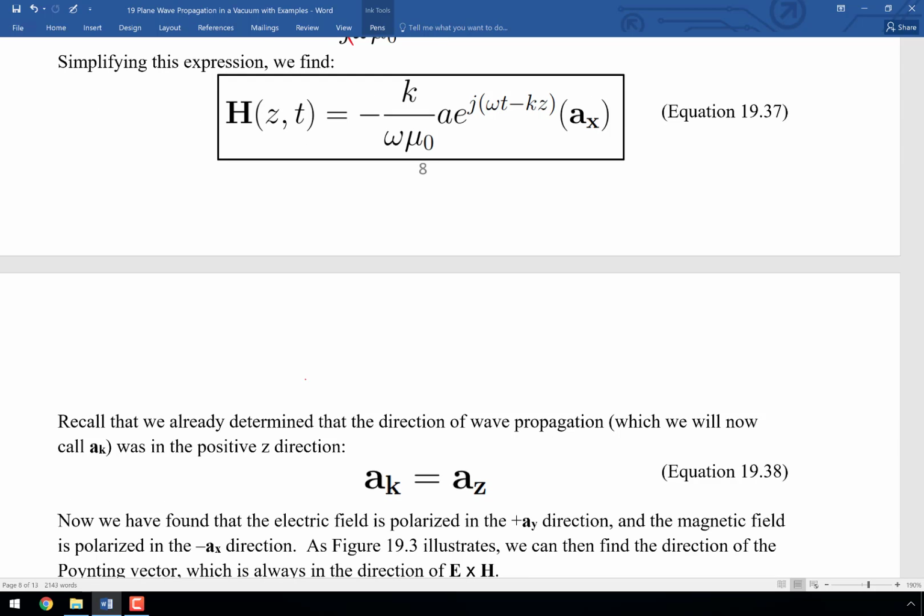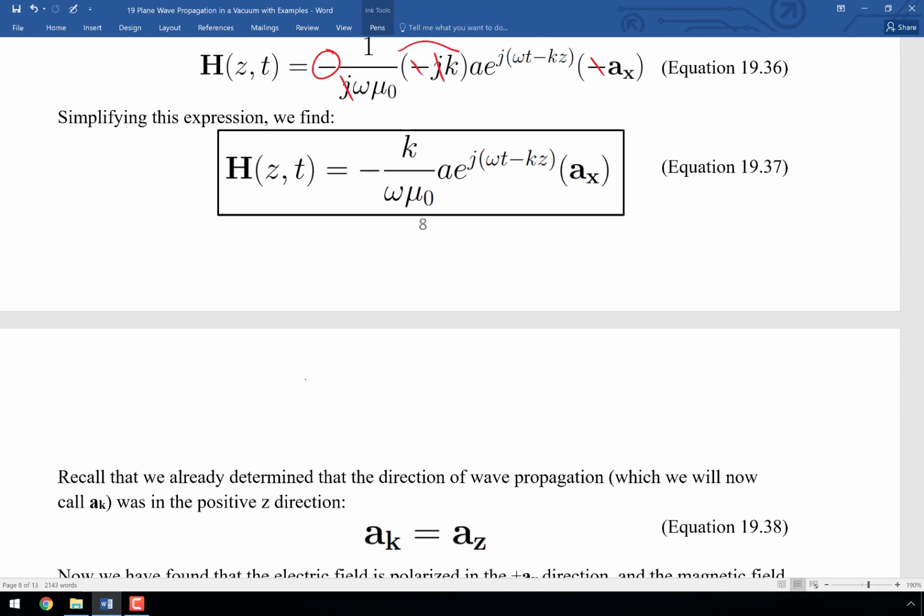So we can note the direction of wave propagation, which we will now call a sub k.